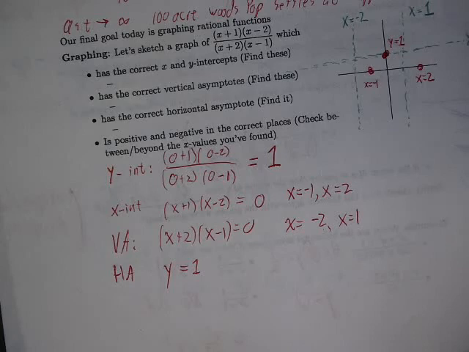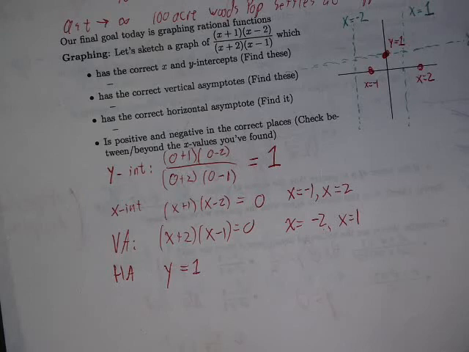No, it can only do so either when it jumps from plus infinity to minus infinity or minus infinity to plus infinity, at a vertical asymptote, or it might change signs at an intercept, and those are the only places. So for all x values less than negative 2, it always has the same sign.